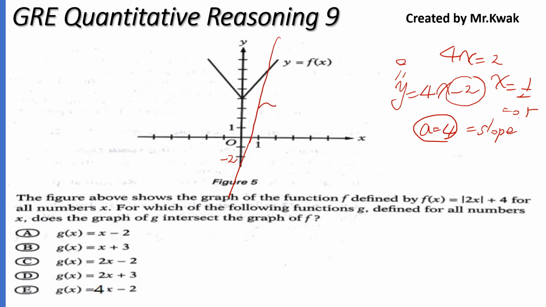Yeah, like this way. y equals 4x minus 2. So only graph E could intersect with f(x). So the correct answer should be E.